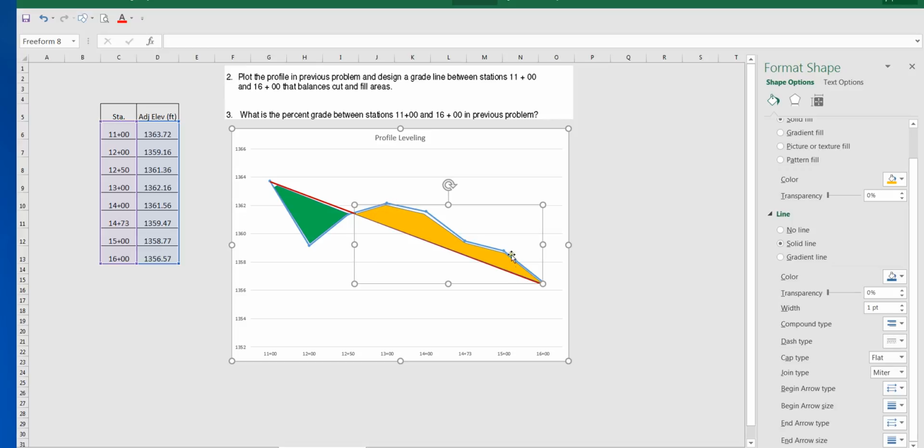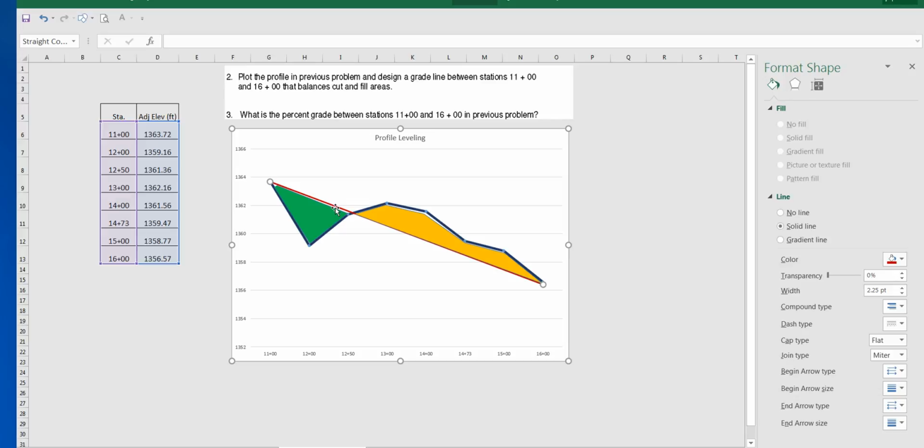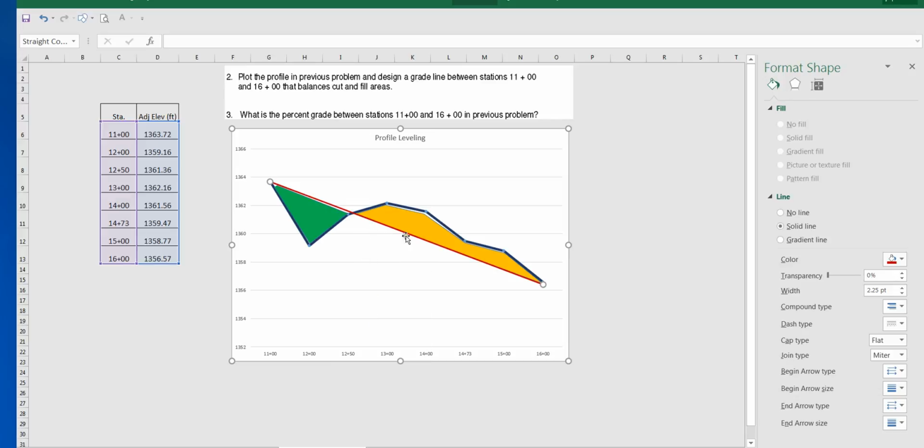So I need to cut all the dirt out because remember, the blue line, and I'll make that a dark blue so you can see it a little bit easier. That blue line, and I'll make it a bit thicker, is what natural ground is. The red line, and I'll bring that to the front, is what we propose the grade to be. So I have to cut this dirt out here and I have to move it to this yellow area here.